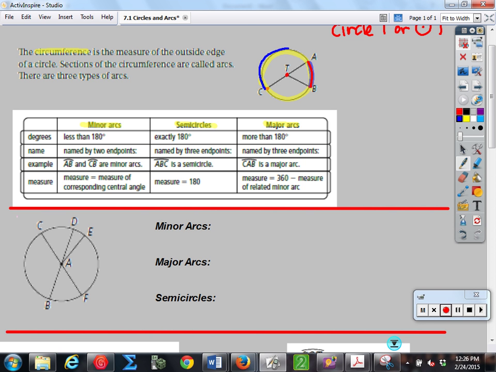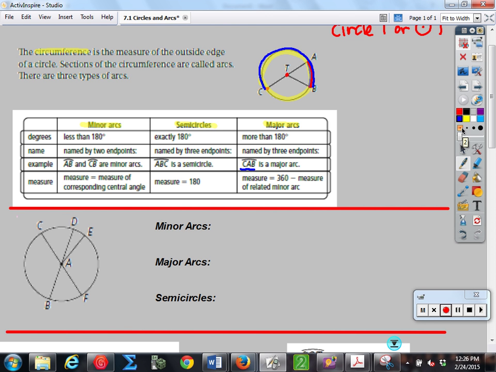C to A to B would be that blue arc right here. And you name major arcs by 3 points, so you know which way you're rotating around the circle.